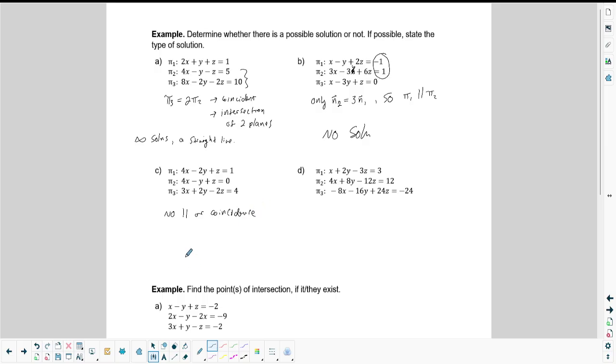So there's a possible point of intersection. So it could be a point or a line. Those would be the two possible solutions.